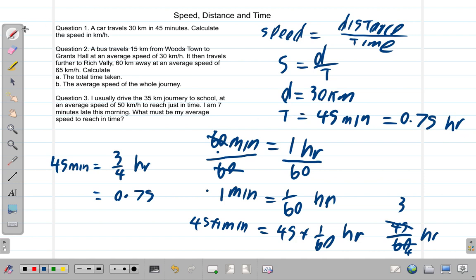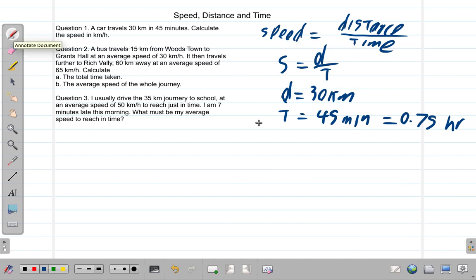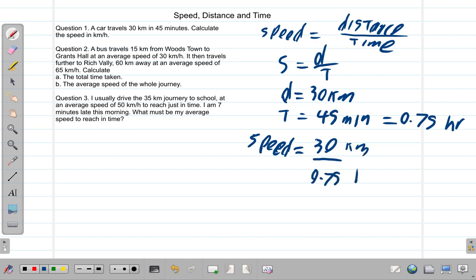So now we can do a calculation. We have our distance in kilometers and time in hours. So let's erase this and do a calculation. Our speed is our distance, 30 kilometers, divided by 0.75 hours. Alright?